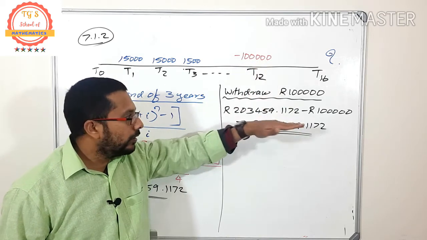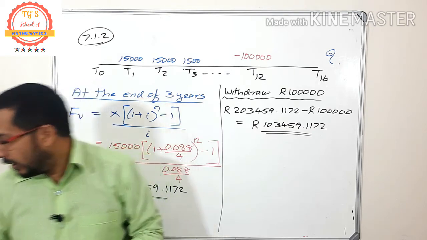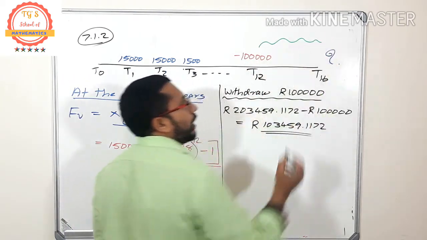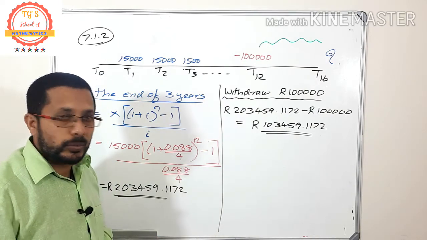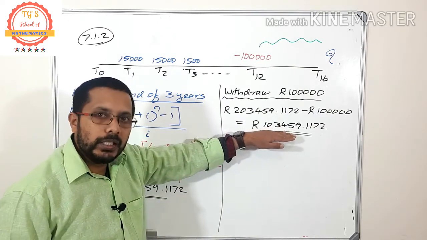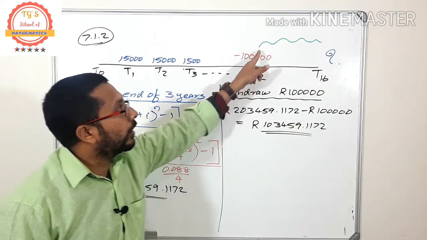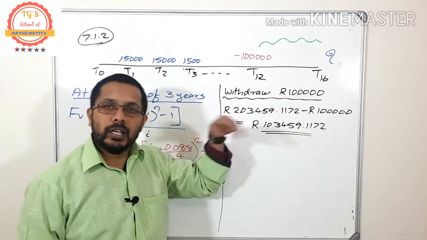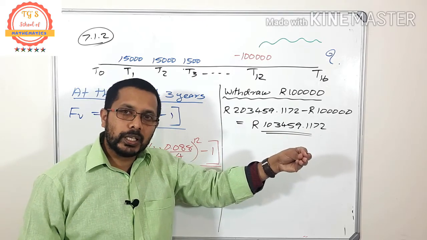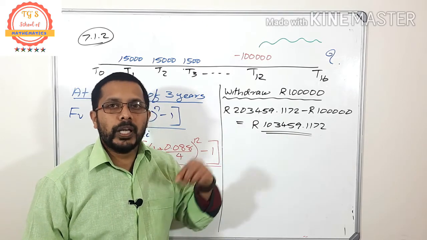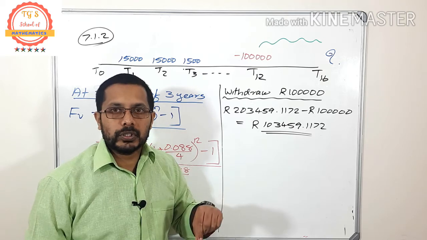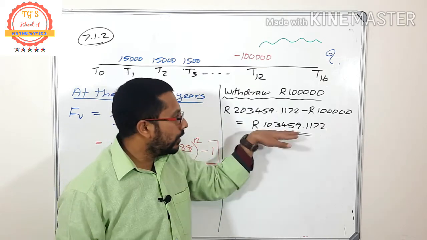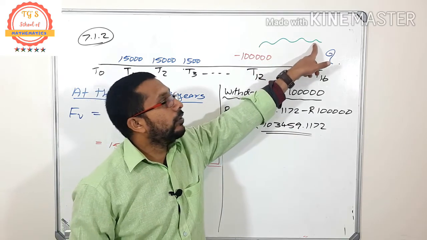That means this amount is there in her account for the remaining 1 year. So the bank is supposed to pay interest for that amount. Am I right? Okay. So we have to find the interest for this amount for the remaining 1 year.